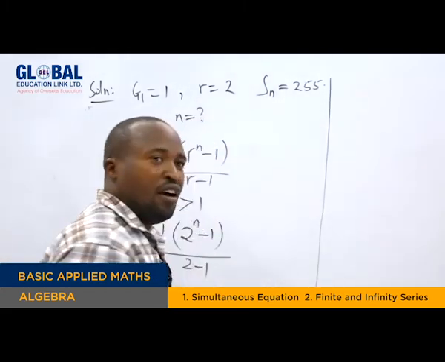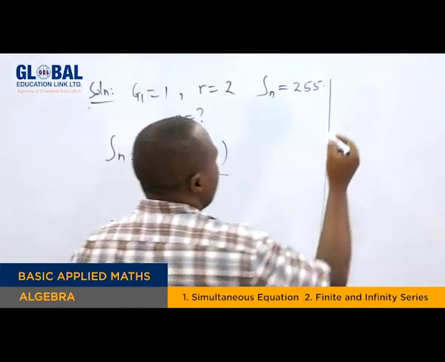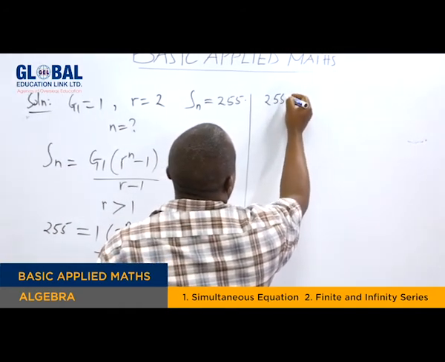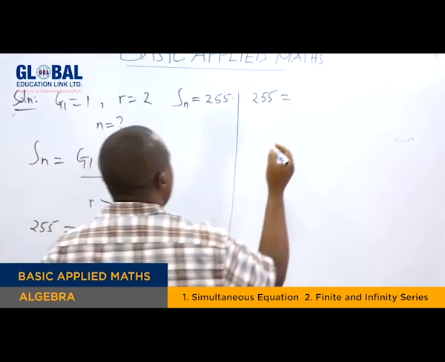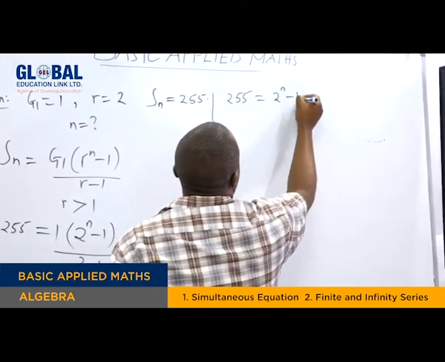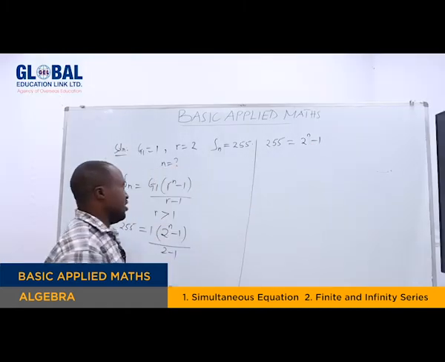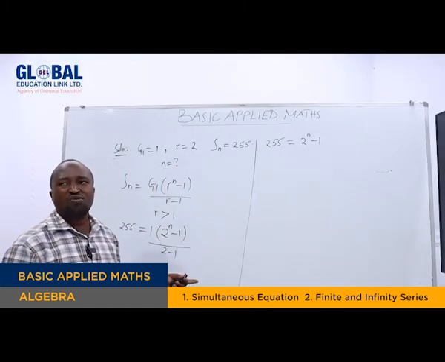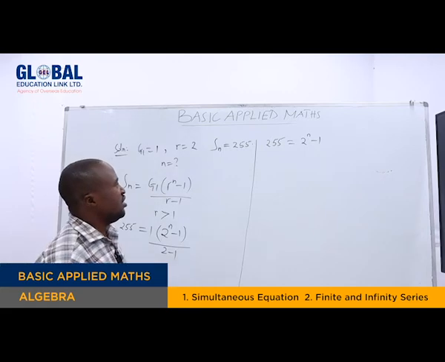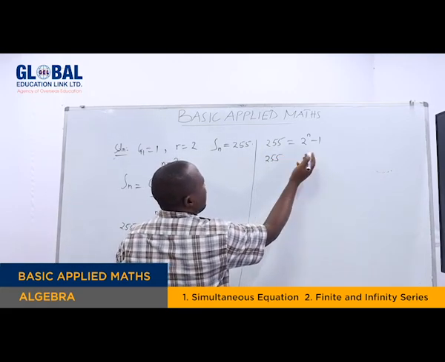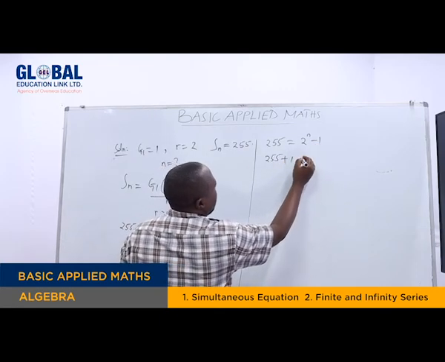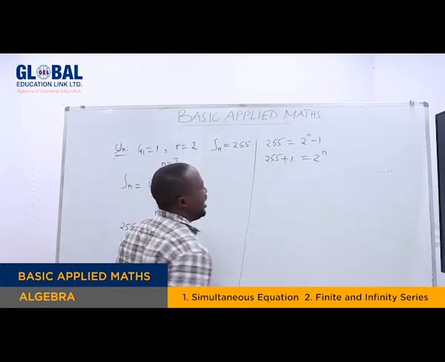So, my dear student, we are going to have 255 equal to 2^N minus 1 over 2 minus 1, which is equal to 1. So this is 255. The minus 1 becomes plus 1, so it is equal to 2^N.